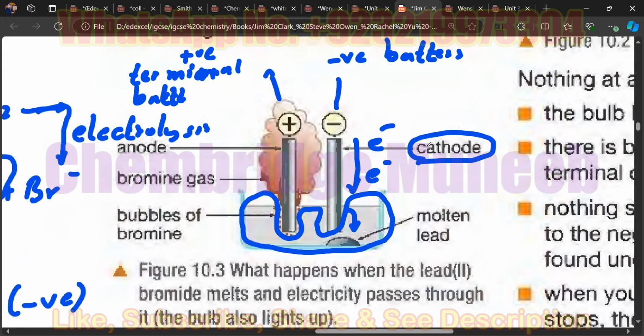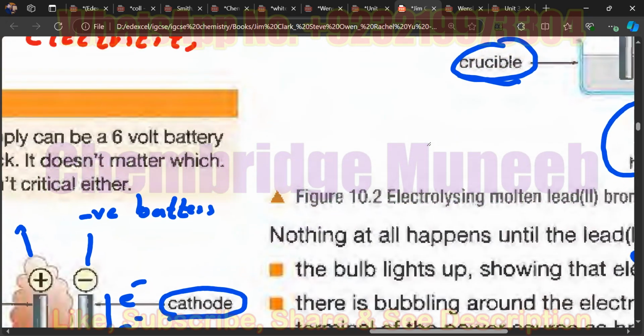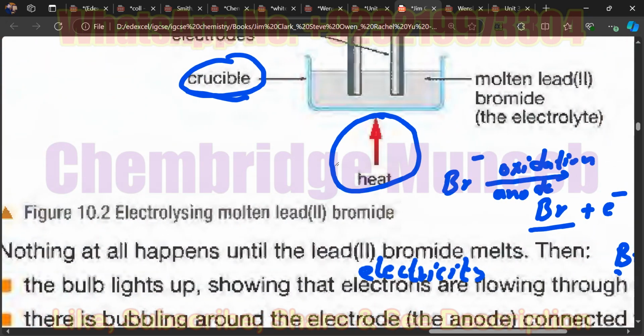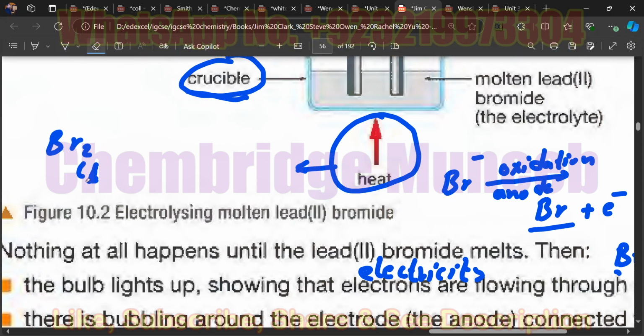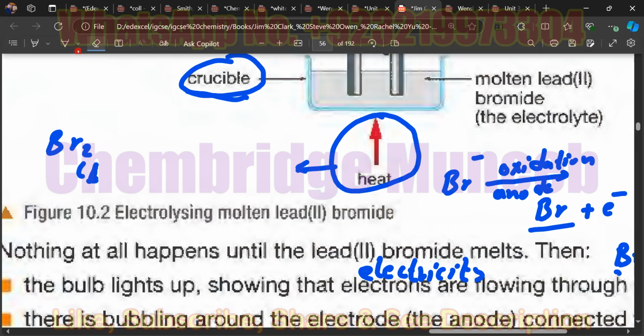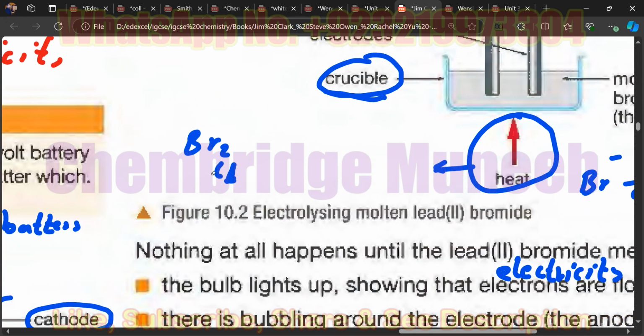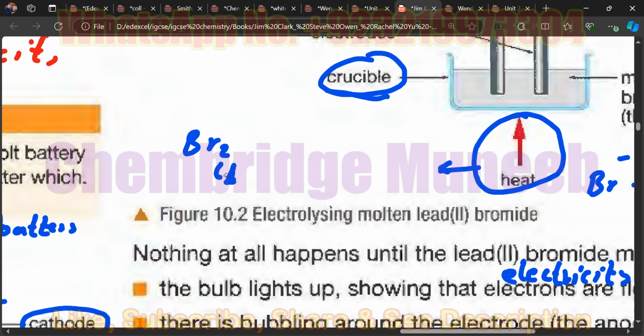So bromine is present in its liquid form, but because of the supply of heat here, this heat will convert the liquid Br2 into the gaseous form.